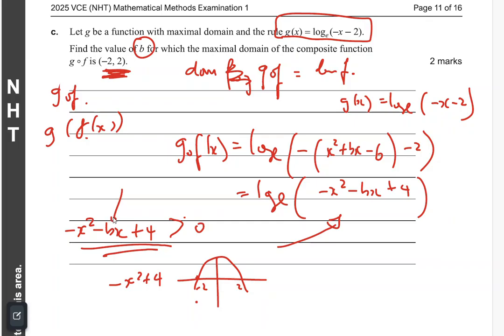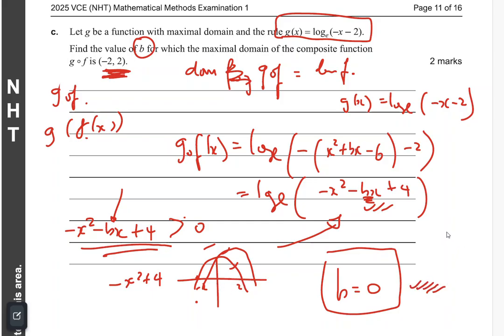So I actually don't want this to exist, because when it's between negative 2 and 2, that's positive, and I can take the logarithm of it. So I want b equal to 0. Because the minute b becomes a positive value, then that's going to move my turning point, and my domain is not going to be negative 2 to 2. So b equals 0 is the only way that that can happen.